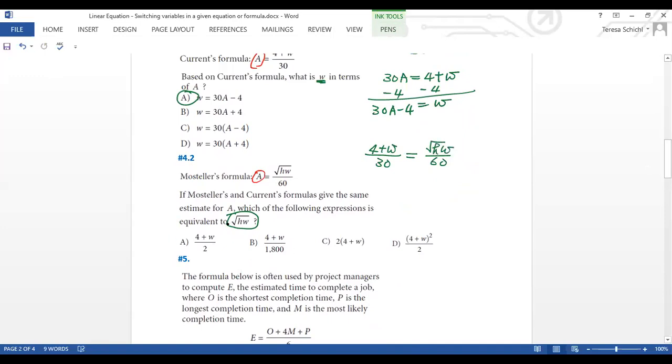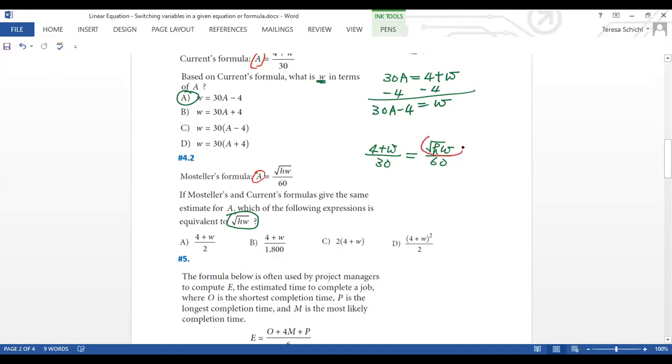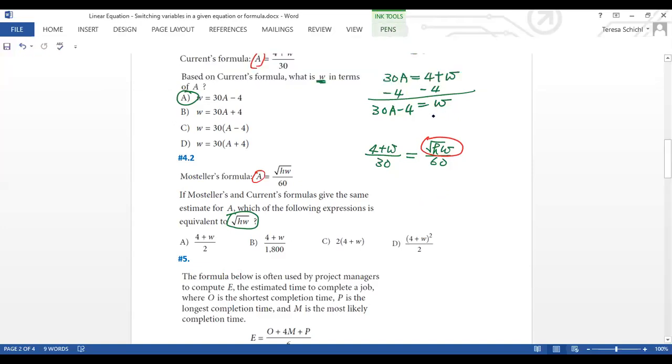And then the problem asks which of the following is the expression of the square root of HW. That means I'm looking for this part, the square root of HW. But the square root of HW is divided by 60. So what do I need to do? I need to times 60, right?